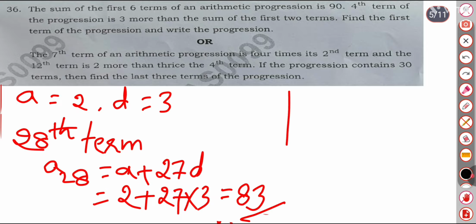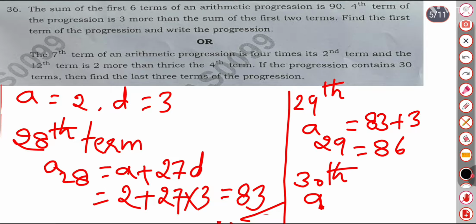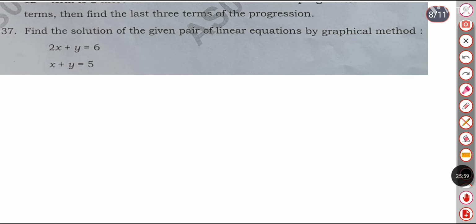So next, the 29th term is what? a29 is equal to 83 plus 3. d we have to add for that. It is 86. Then the 30th term will be a30 is equal to 86 plus 3, which is equal to 89.